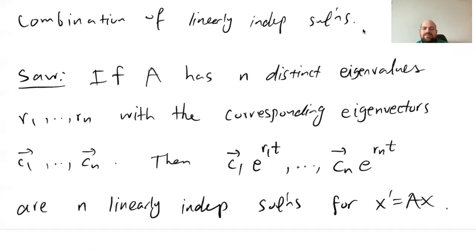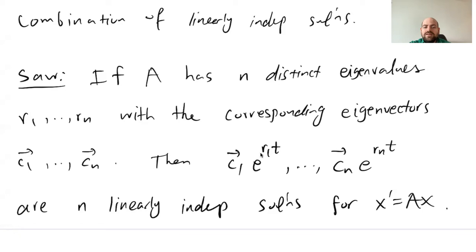So here I have n solutions, c1 e to power r1t all the way to cn e to power rnt. Because here we are dealing with a vector, our unknown is a vector, so each solution is a vector as well. So c1 to cn are also vectors. This c1 is a vector times e to power r1t, which is a number. A number times a vector will give me a vector.